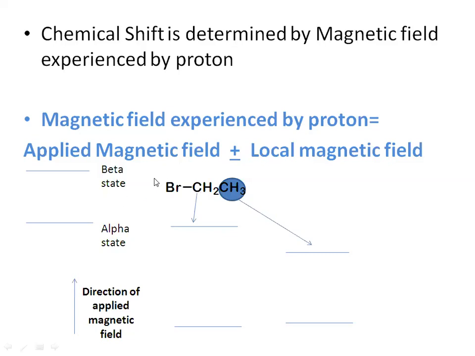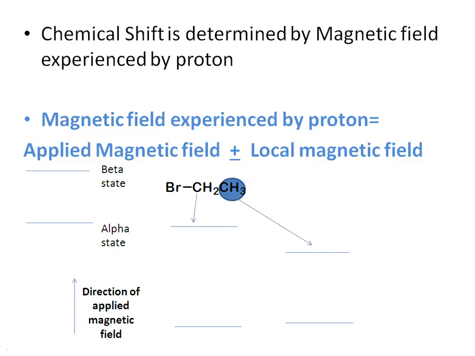But actually this is not happening. Otherwise NMR would have been a useless technique. Actually the distance between the alpha and beta spin state for different protons is different, and that's why they are going to absorb various different radio frequencies.